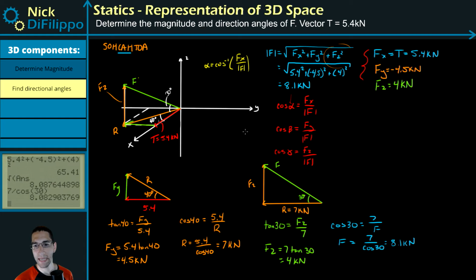So alpha is equal to the inverse cosine of fx, 5.4, over my magnitude, which is 8.1. Inverse cosine of 5.4 divided by 8.1. I get this angle is 48.2 degrees.